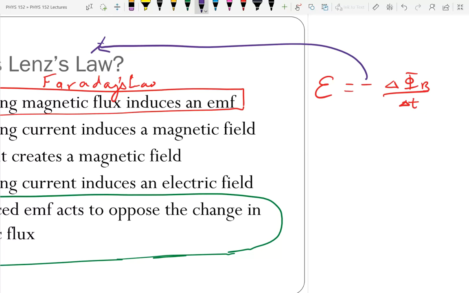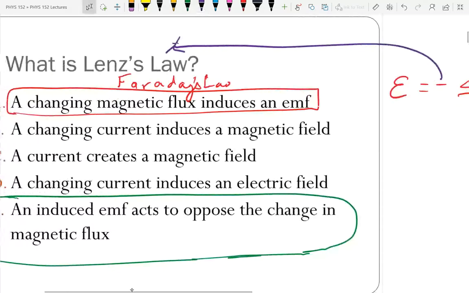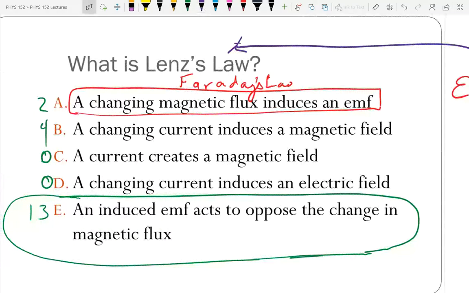In a technical sense, you define a certain direction by a convention and it has a meaning there, but for our purposes it just reminds us to look at Lenz's law to determine which direction current would flow. So Lenz's law combined with Faraday's law allows you to answer what's going to happen in a generator.